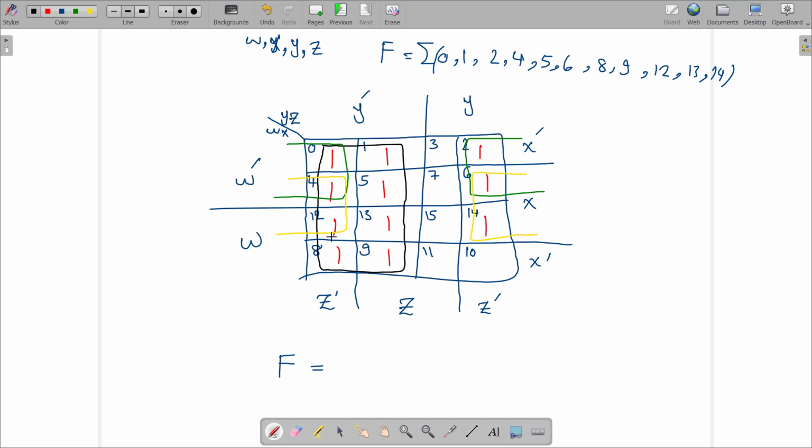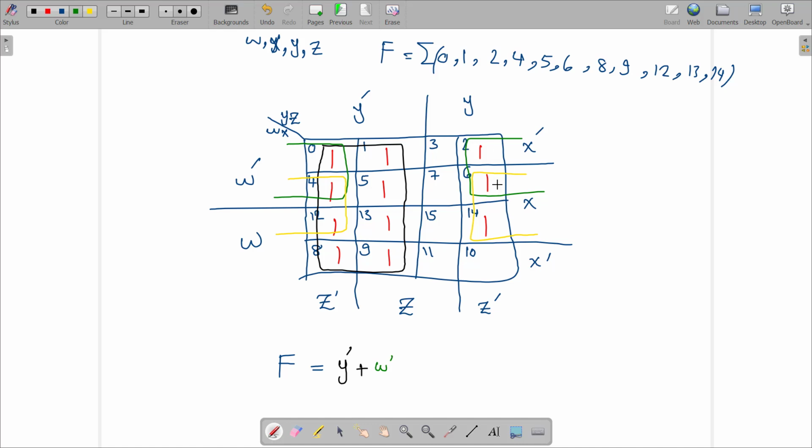again W and W prime change, X and X prime change, just Y prime does not change, Z and Z prime also change. Now just Y prime does not change, so I write Y prime. Or for the case of the green one, these 4 ones, look at these 4 ones, W prime in the 4 is constant, I write W prime.